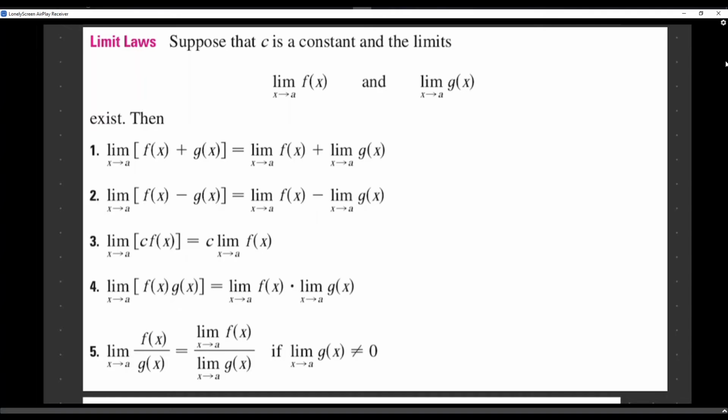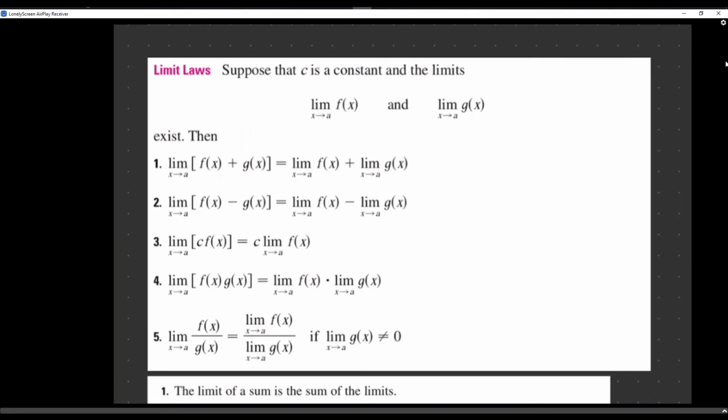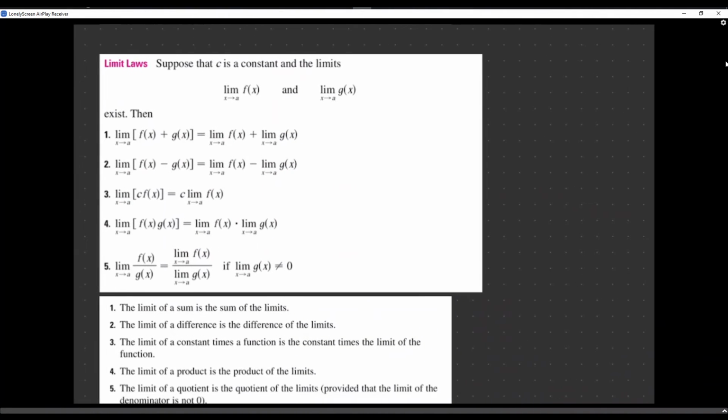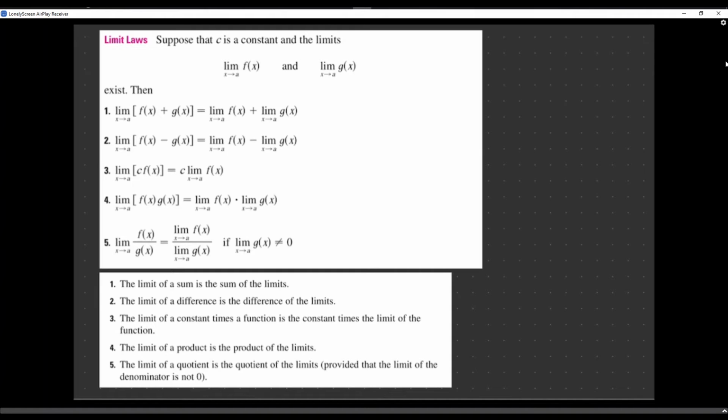The following can be quite a handful when you look at it in the formula form, but we can also consider this verbally. The first law says that if I have the limit of a sum, that will be the sum of the limits as I have shown earlier. Secondly, the limit of the difference is the difference of the two limits.